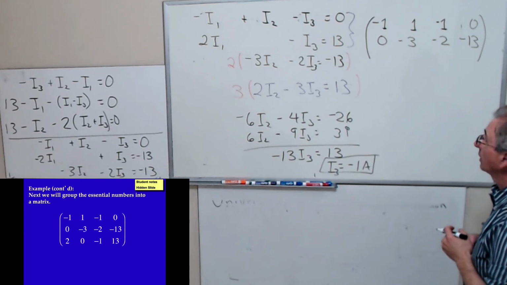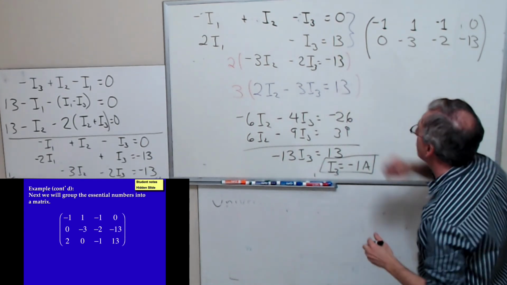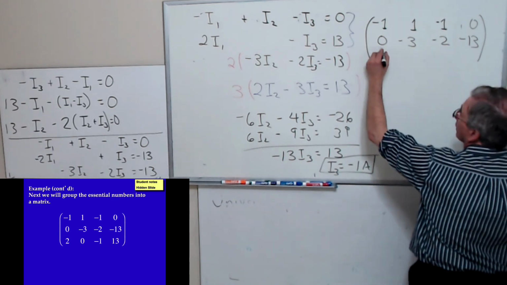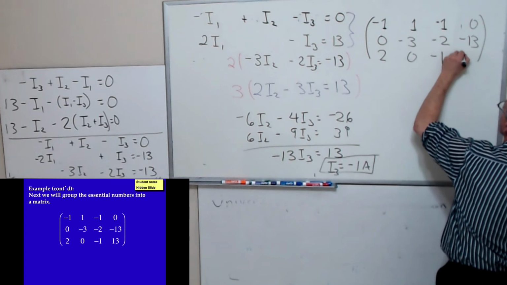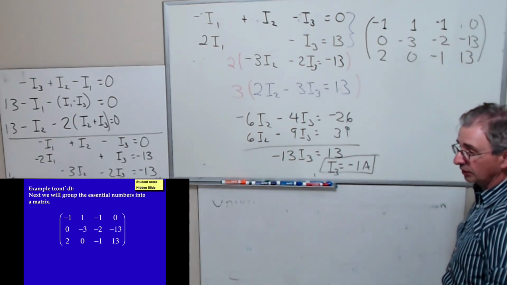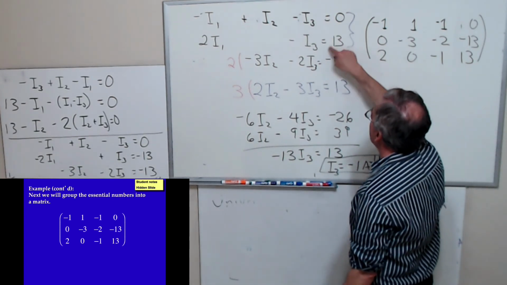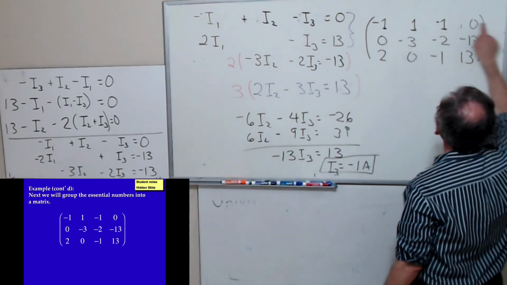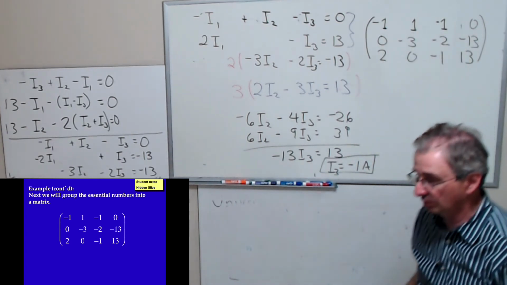And then I'm going to do this one. I already multiplied through by -1. 2, 0, -1, 13. And then what did I do? I multiplied this by 2 and added it to this. So I can multiply this row by 2 and add it to this and get a new row.